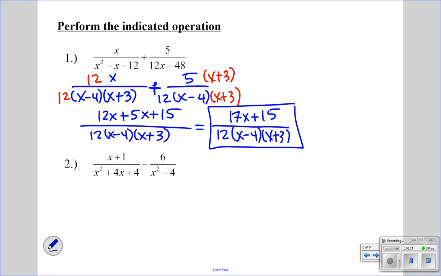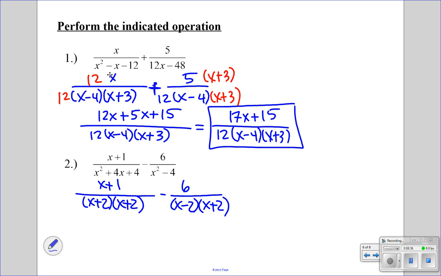Let's do the second one. We have an x plus 1 all over x plus 2 times x plus 2 minus 6 all over x minus 2 x plus 2. So what we need to do is we need to multiply the first one by x minus 2 on top and bottom and x plus 2 on top and bottom.